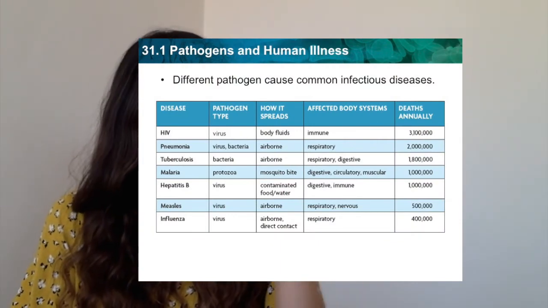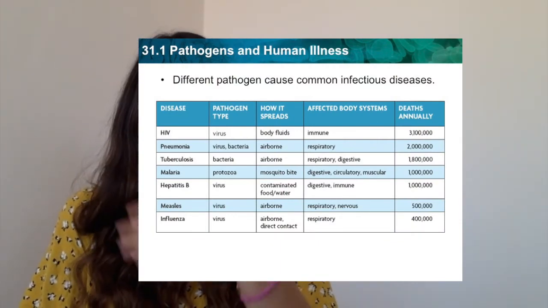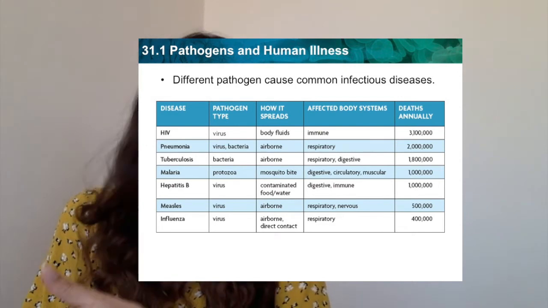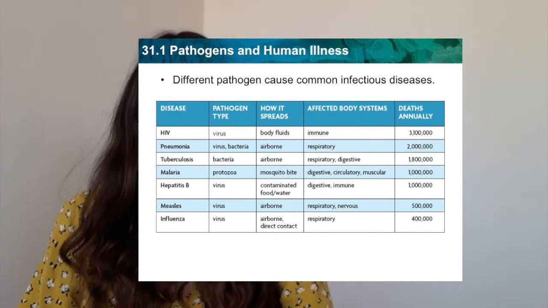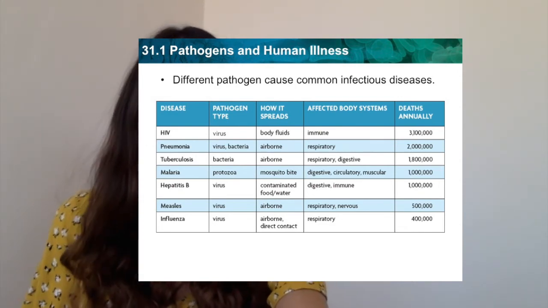So you also see more examples of different types of diseases that were caused by other types of pathogens. And like we said, you don't really need to obviously memorize the different types of diseases and what pathogen causes them. But it's good to be informed that different types of pathogens are responsible for different types of diseases.